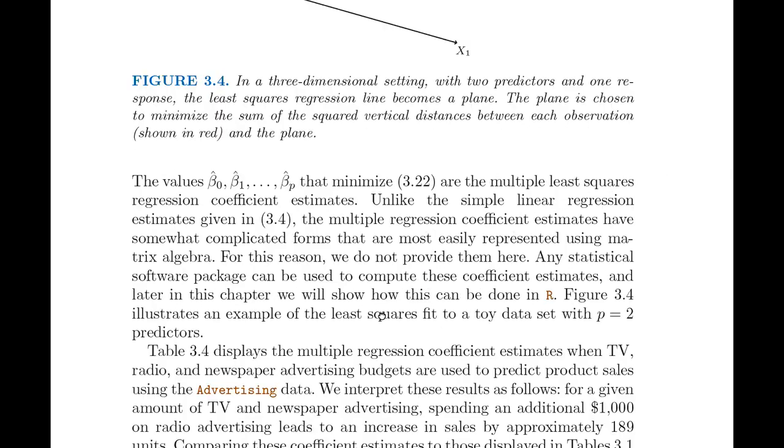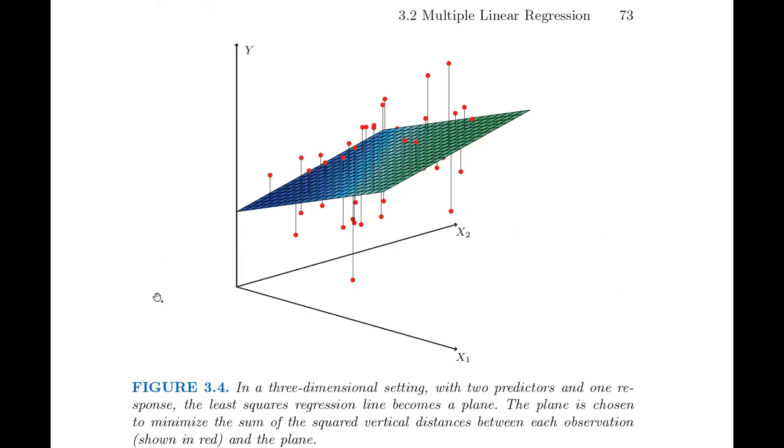Visually, it's a bit difficult to draw this information with three predictor variables. But what the book is doing, it's taking two of them, x1 and x2, and we are regressing y on these two variables.